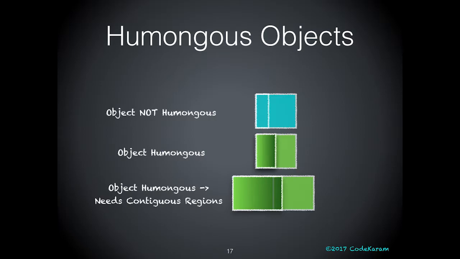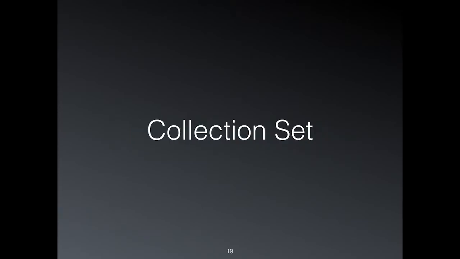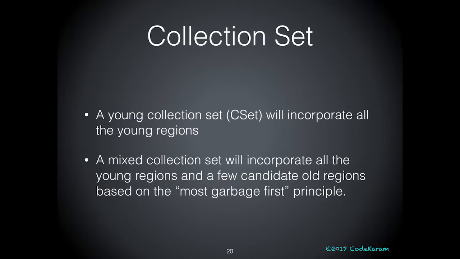Okay? So let's talk about the footprint overhead in G1. The first thing that G1 needs is something called a collection set. A collection set is basically a set of regions. So for a young collection, it incorporates all the young regions.